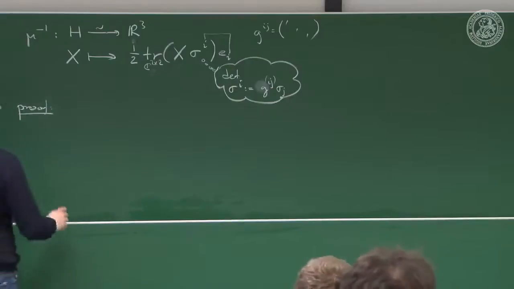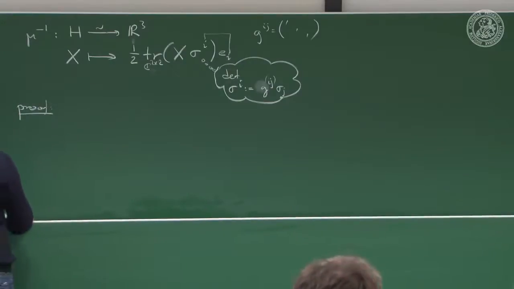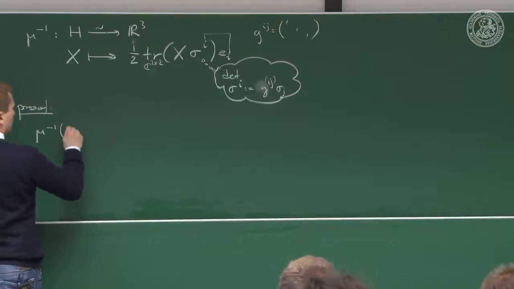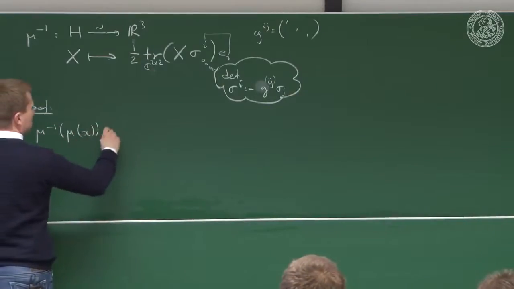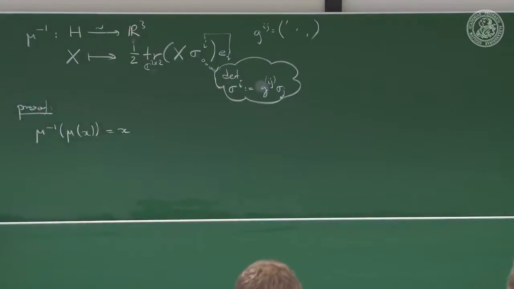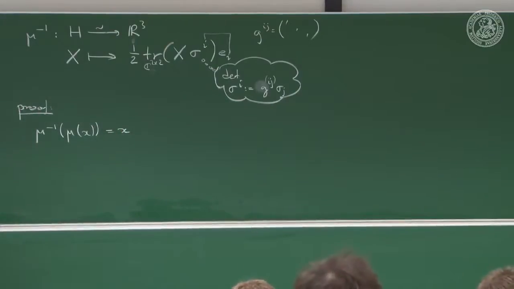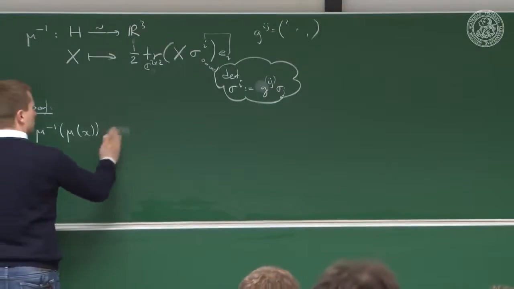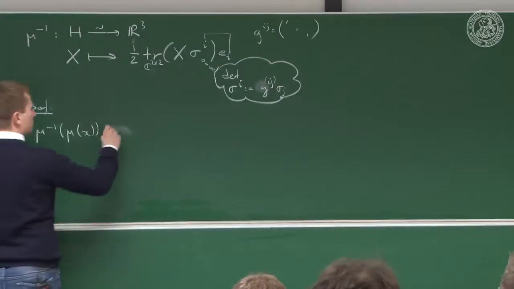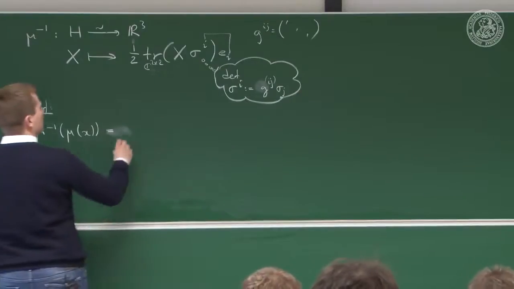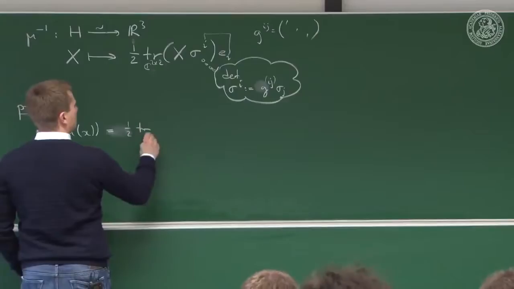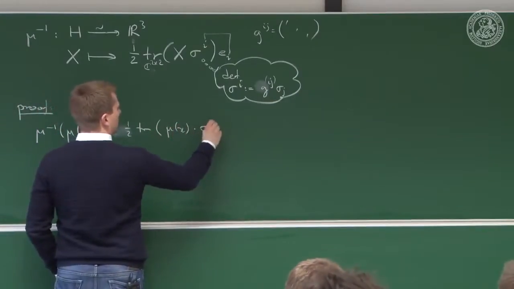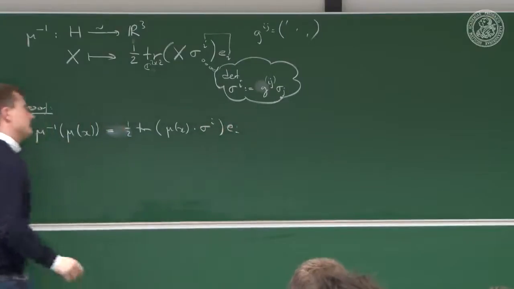So we should check that mu inverse of mu of a little x recovers the little x, right? And the other way around. Well, let's quickly write this down. So we don't want to assume this yet. We calculate it. Mu inverse is 1/2 the trace of mu of x times sigma I EI.